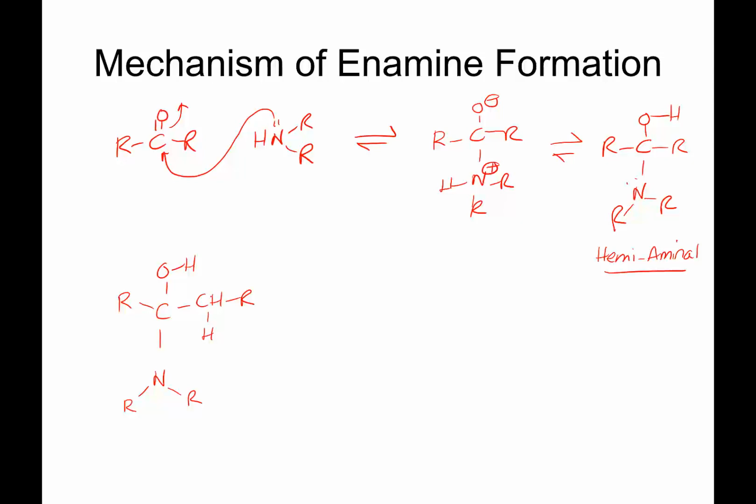And so if the carbon next to the carbonyl has a hydrogen, in my elimination step, I'm going to lose that hydrogen and the OH. So the net result is I'm going to lose water. But now what I'm going to do is form a double bond to the carbon that was attached to the carbonyl. And this is called an enamine.